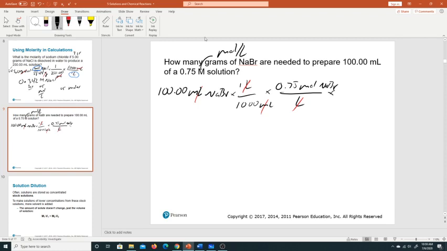We multiply this by the molecular weight of sodium bromide. That will give us the mass in grams. So sodium is 22.99. Check your periodic table. Bromine is 79.90.